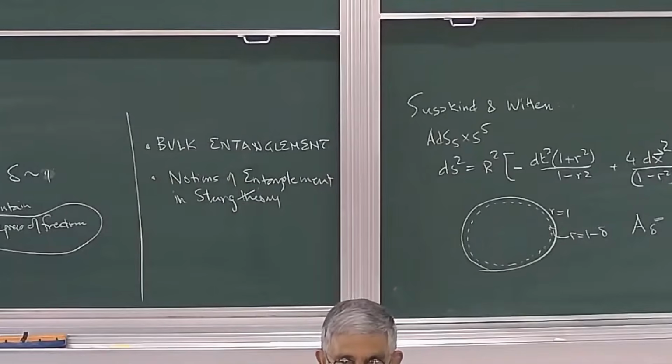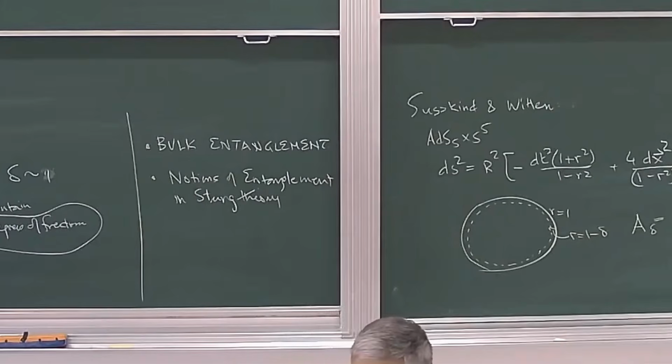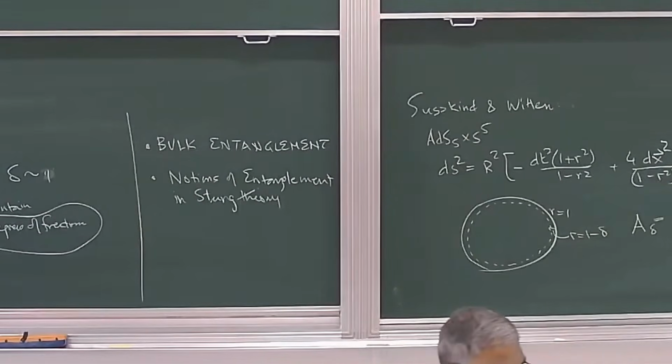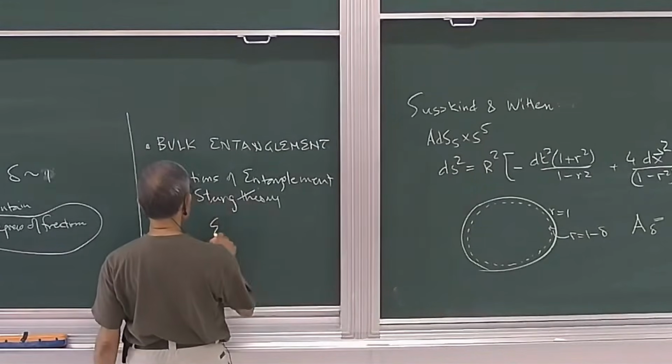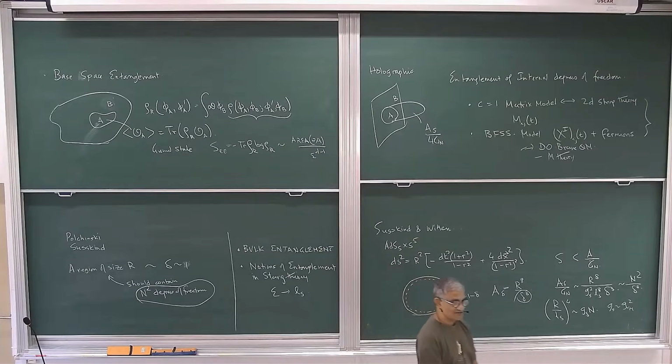If you're talking about low energy field theory, there is an argument due to Susskind and Uglum that that divergence is absorbed into the Newton constant. But if you are doing string theory, anything you calculate should be finite. Or in other words, this epsilon should be replaced by the string length.